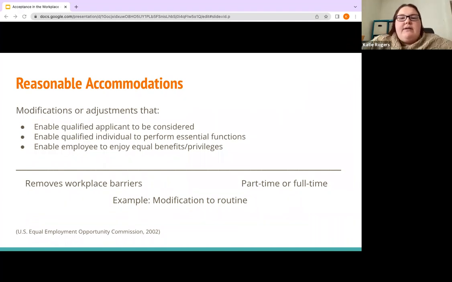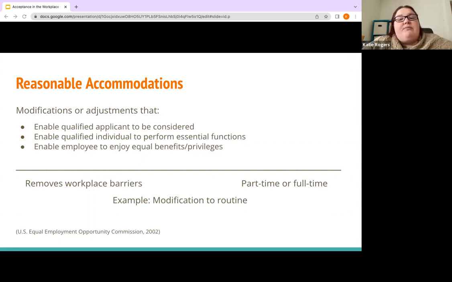Now, according to the U.S. Equal Employment Opportunity Commission, there are 3 types of job modifications or adjustments that can be made. The first is a modification or adjustment to a job application process that enables a qualified applicant with a disability to be considered for the position they desire. So in applying for jobs, you can also ask for modifications or adjustments for the actual application process itself.